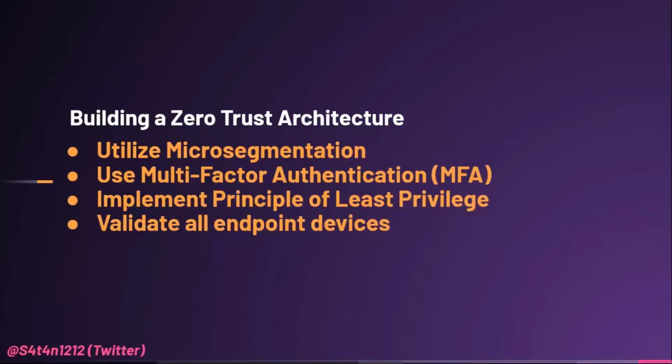MFA requires the presentation of two or more authentication factors, such as a knowledge factor, something only the user knows, such as a password, PIN, or pattern; a possession factor, something only the user has, such as an ATM card or smart card; then an inherence factor, something which contains biometric characteristics such as fingerprint, retina, and face scan. Upon presentation, each factor must be validated for authentication to occur.